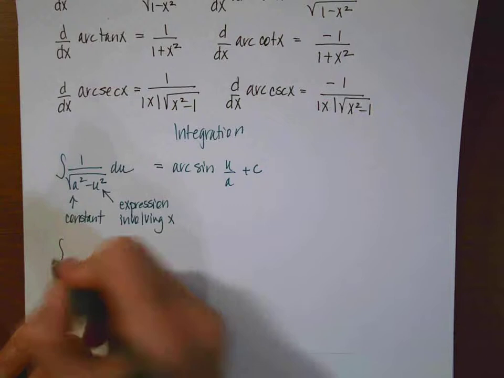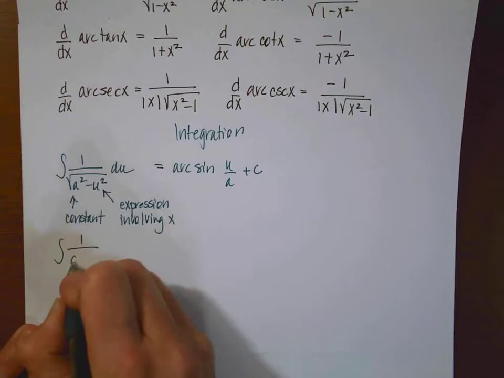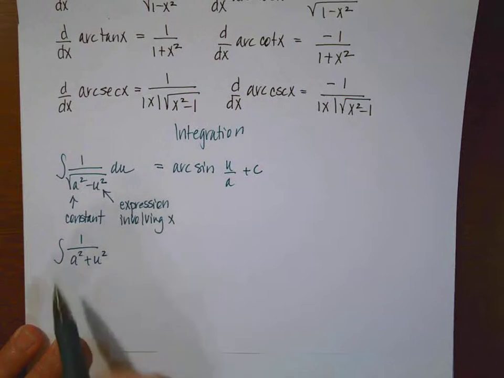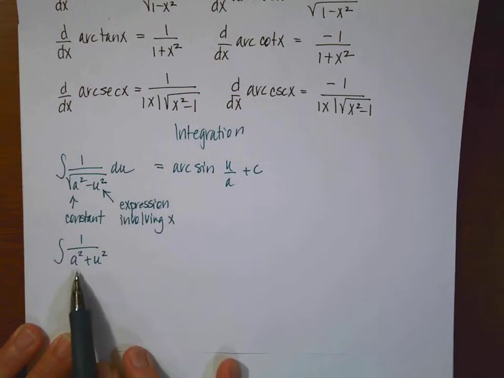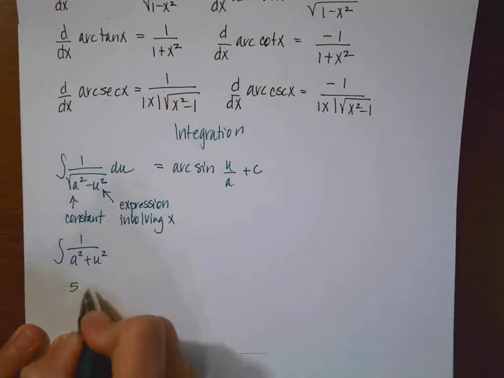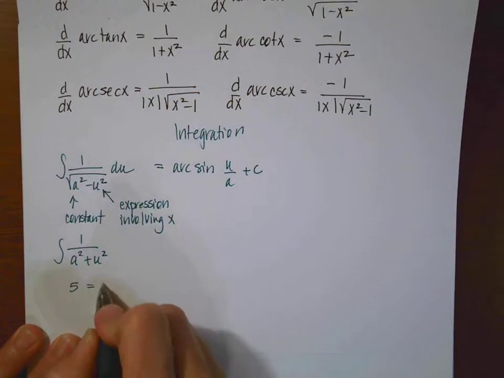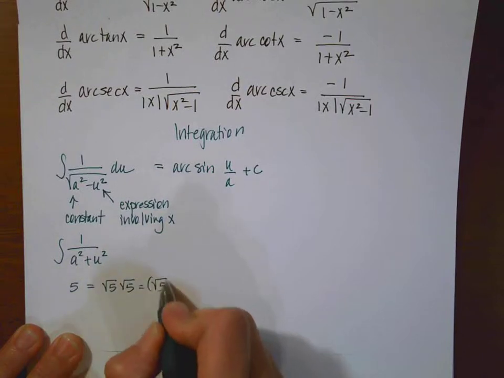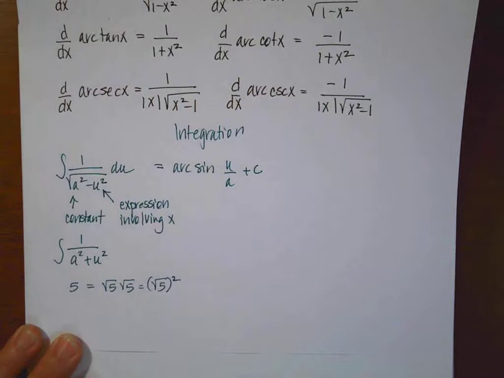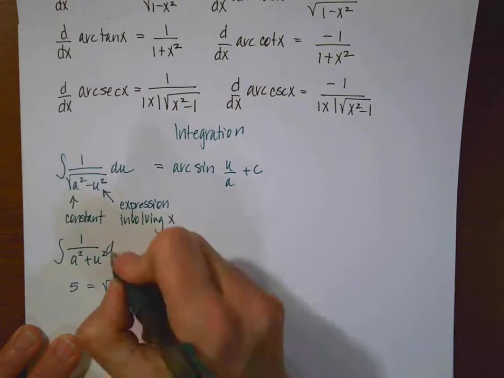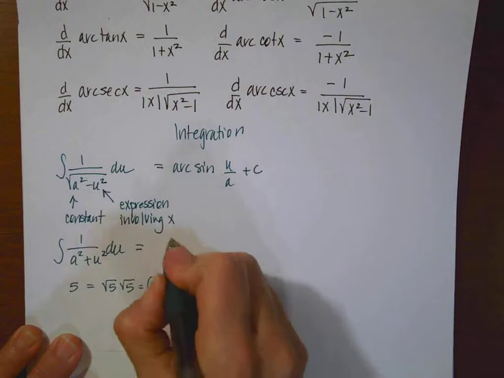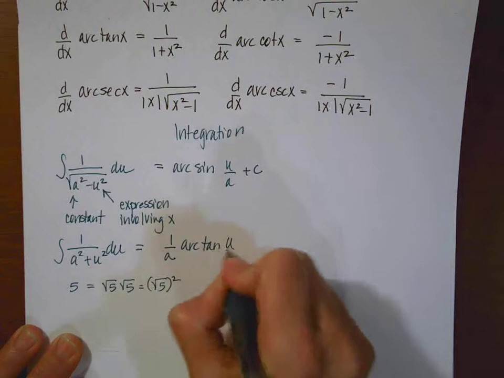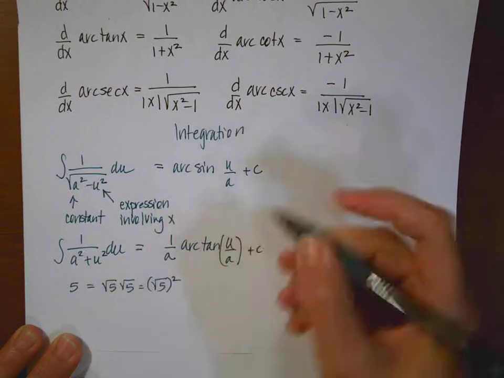The next integration rule is 1 over a squared plus u squared du, because remember, a is going to be some type of constant, and it doesn't have to be a polite, pretty number. If I were to have 5, 5 is the same thing as the square root of 5 times the square root of 5, so it's the square root of 5 squared. This is 1 over a times the arc tangent of u over a plus c.